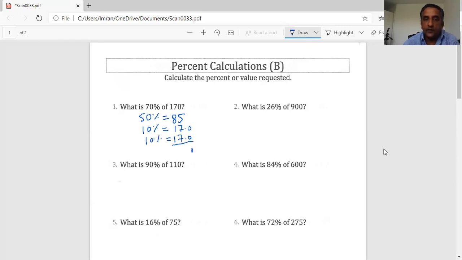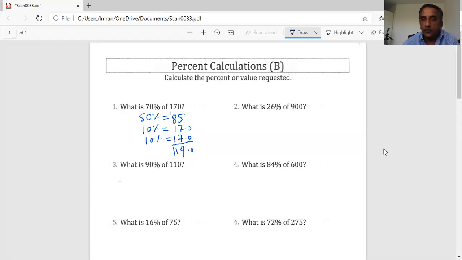So this is 0, then decimal, and 7 plus 7 is 14. 14 plus 5 is 19. So we write 9, plus 1 carry forward. So 8 plus 1 is 9, plus 10 is 11. So it will be 119. So 70% of 170 is 119.